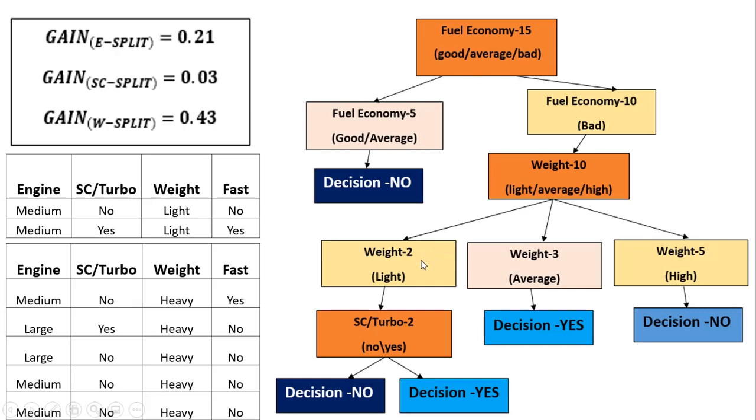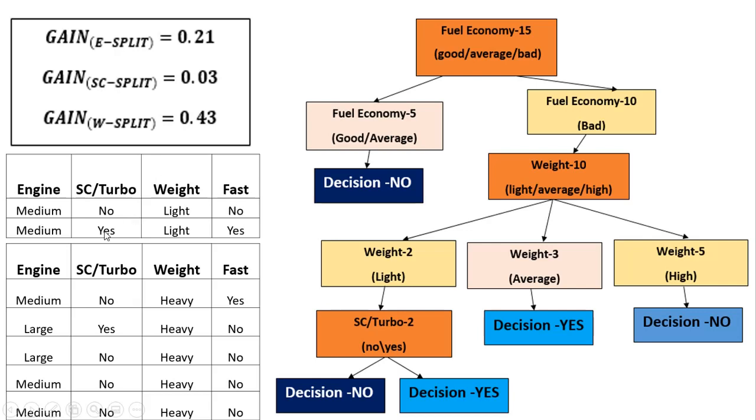So if we choose the lightweight cars, again we have to choose the next node. We are left with only 2 attributes, engine and SC turbo. Again if we find the information gain, we will get SC turbo. If we choose SC turbo, when SC turbo is no, the car is not fast.